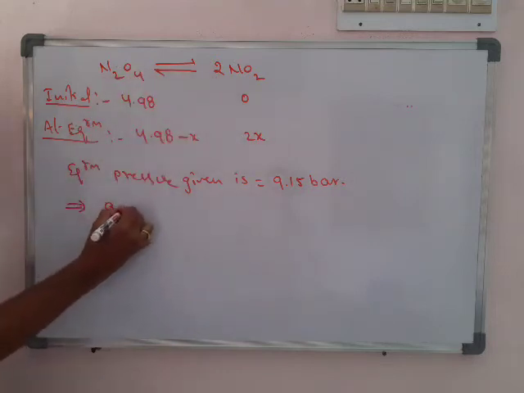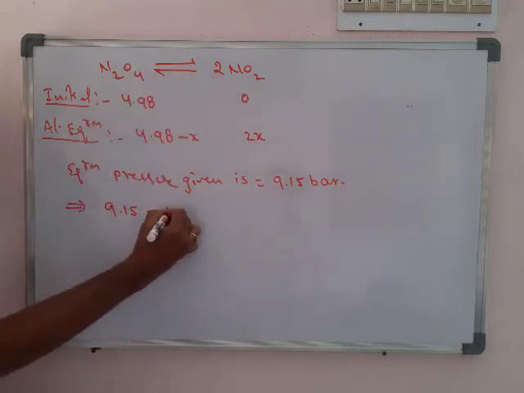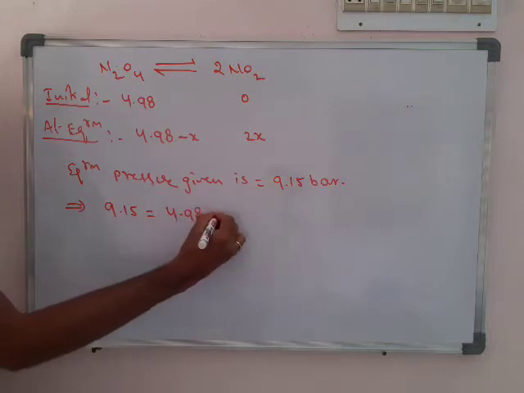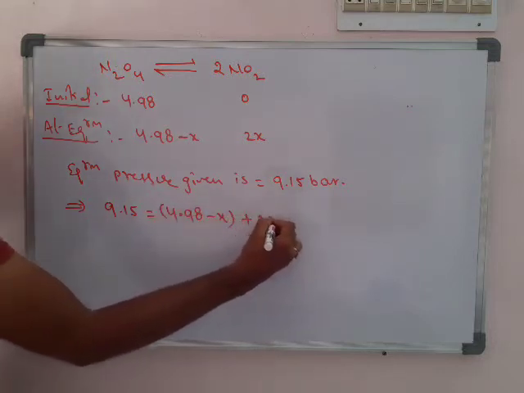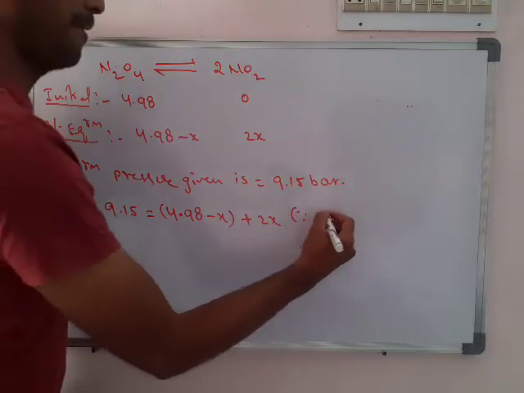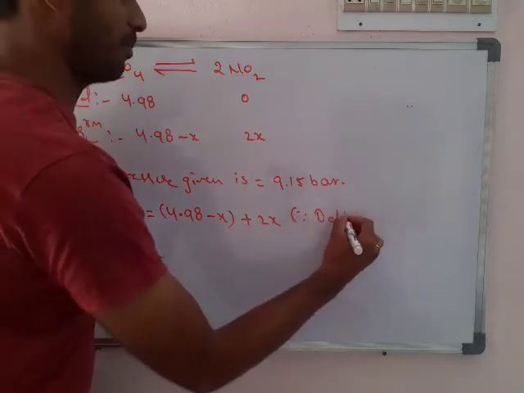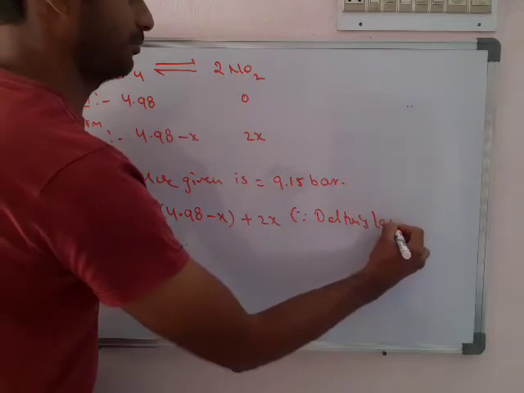What is the total pressure? Therefore 9.15 equals 4.98 minus x plus 2x. We applied Dalton's law here.